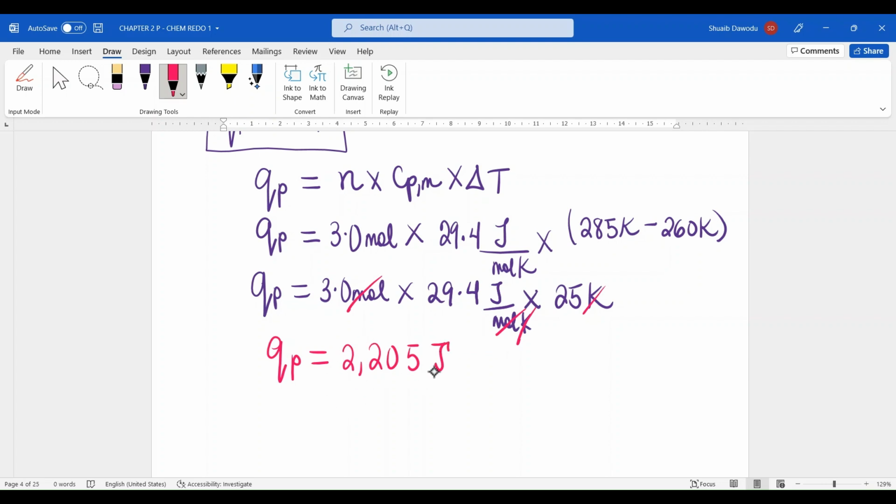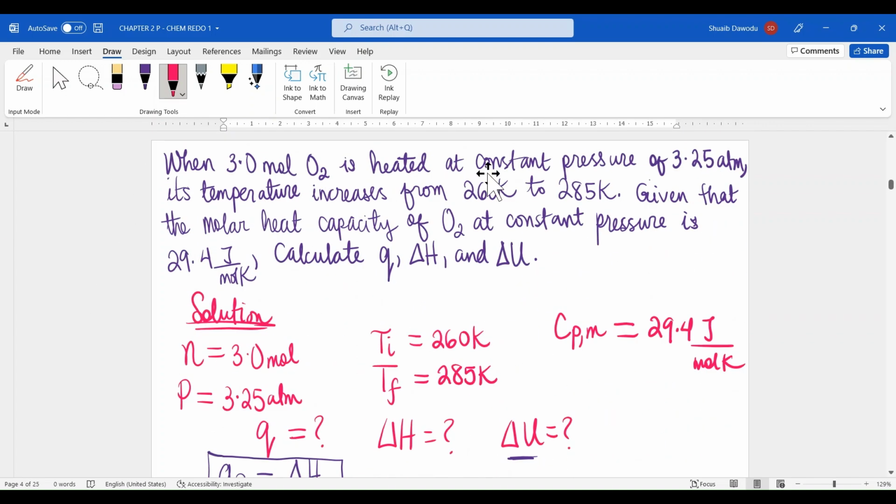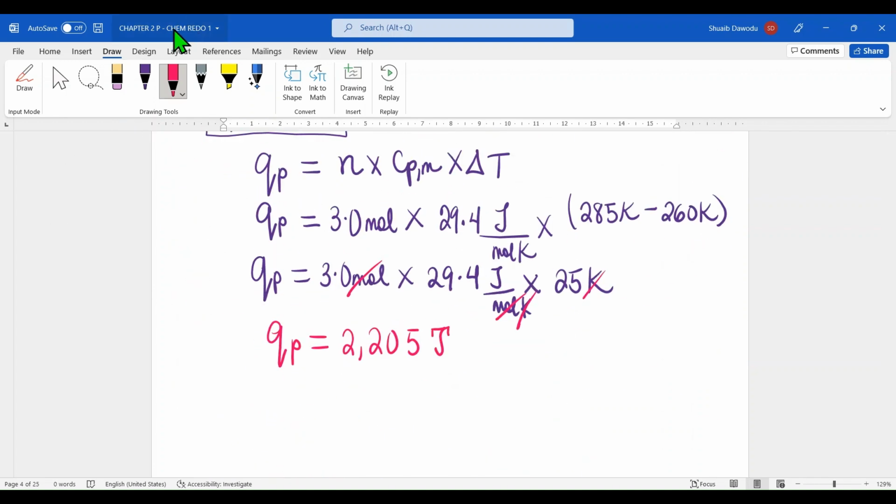Because we're dealing with a chemistry question, let's not forget that we're supposed to use the lowest number of significant figures. Going back to our question, 3.0 mole is in 2 sig figs, 3.25 is in 3 sig figs, and 29.4, as well as 260 and 285, are also in 3 sig figs. So we have to put our final answer in 2 sig figs.